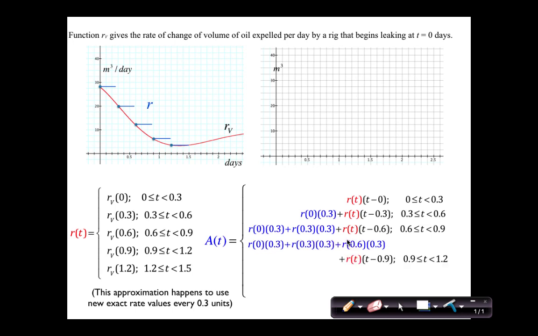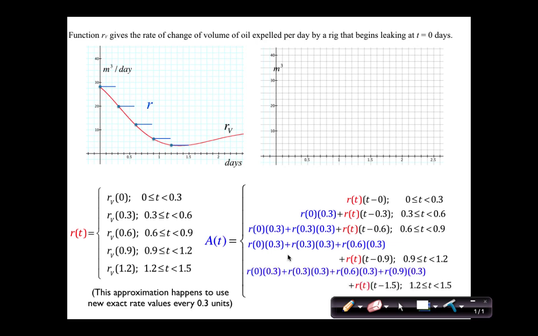And I don't want you to focus on trying to write these ugly piecewise functions, because in reality what we're going to do is to try to write this a different way. Because you can see this is the equivalent of that 18 plus whatever happens during the fourth interval. However far we are into the fourth interval, multiply it by R of t for the fourth interval, which is R sub v of 0.9.